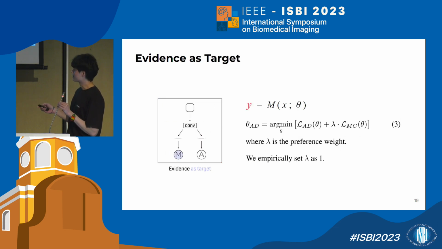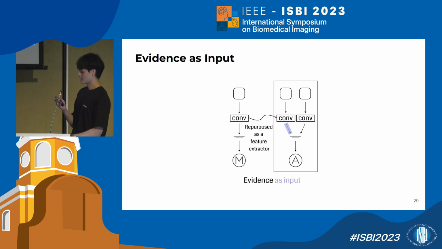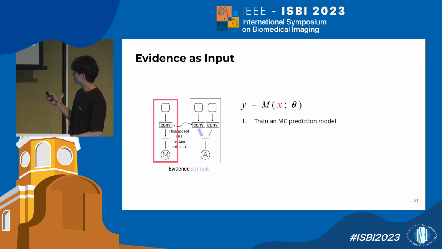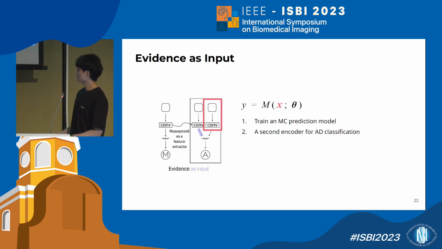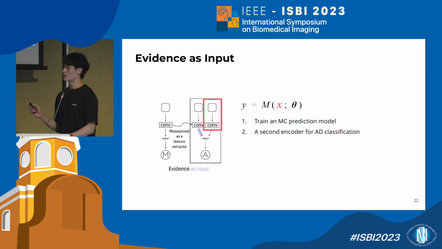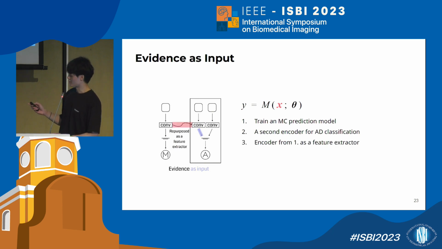The second setting is evidence as target, where the morphological features are used as the additional training target for AD detection in the multitask learning scheme. And the last setting is evidence as input, where we first train the model for MC prediction, and we build a second encoder for the AD classification.